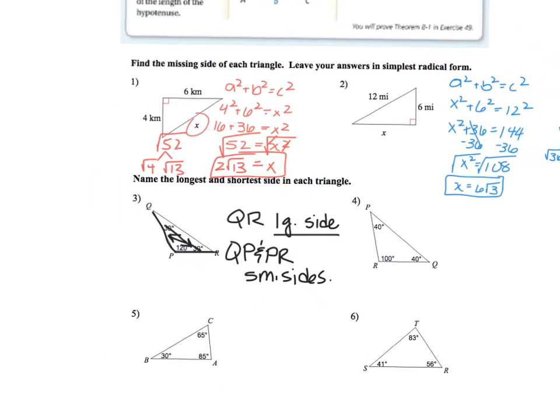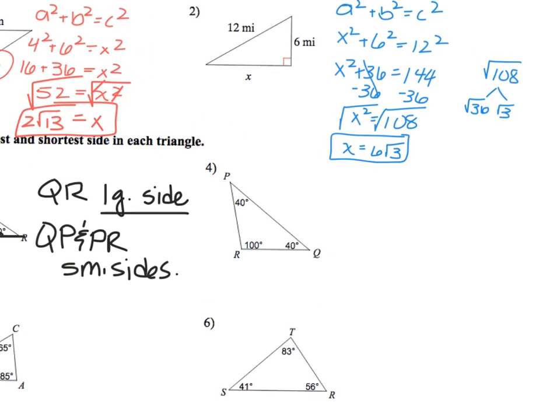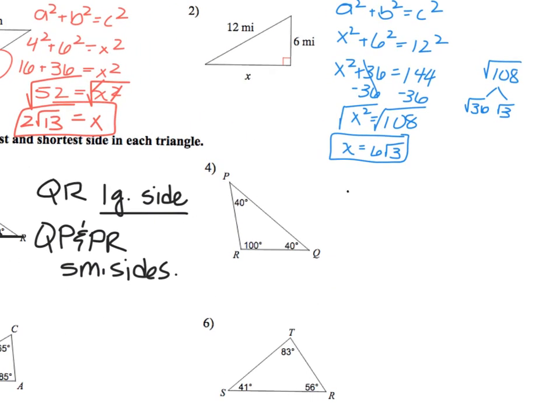Let's try another one. Try number 4 on your own. Pause the video. Alright, let's see what you got. For the largest side, you should get PQ, because that's across from 100, bigger than 40 and 40. PQ.